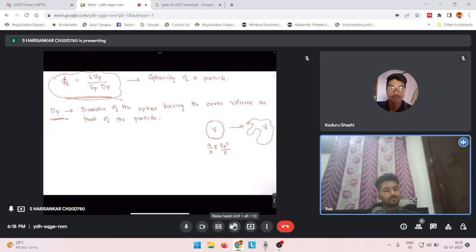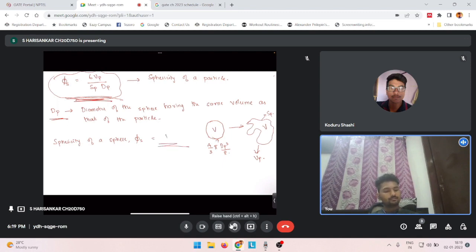So this will be the volume of the sphere, and let's say this is the volume of the particle Vp, and Sp will be the surface area of this particle. By definition, we just applied all these things and got this simple formula: sphericity phi s is equal to 6 Vp by Sp dP. Now, of course, since we are trying to define sphericity with respect to a sphere, it should be pretty much given that the sphericity of a sphere is basically 1.